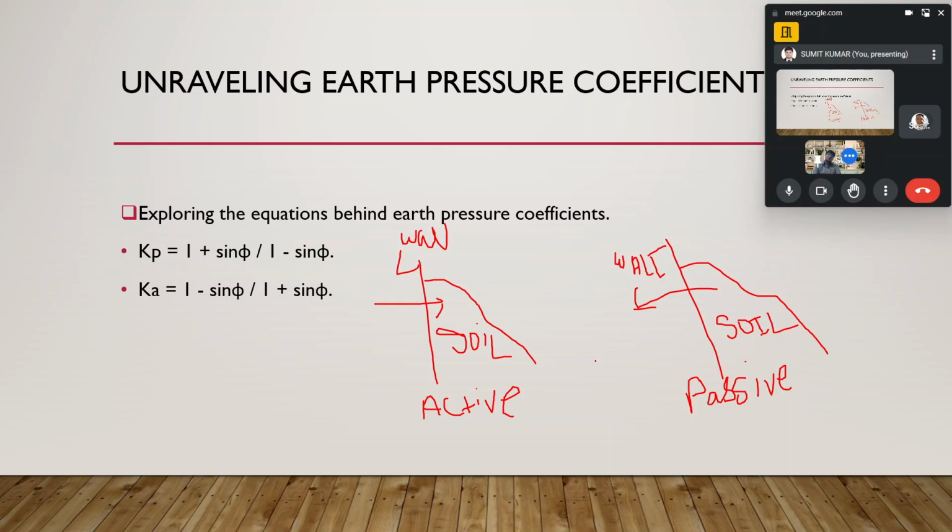Similarly, if the wall is moved away from the soil, the horizontal stresses are released, but the vertical stresses remain the same. So the primary stress becomes this direction.